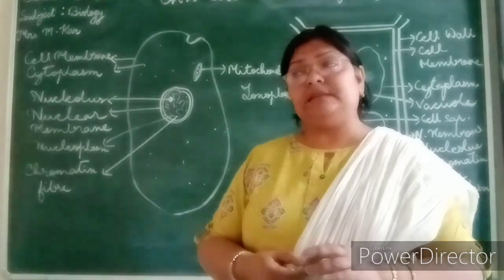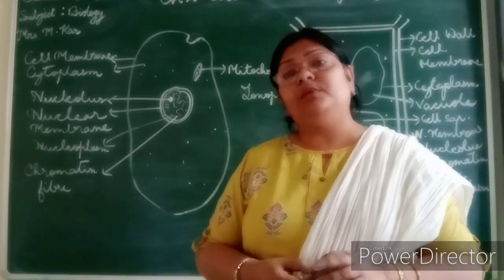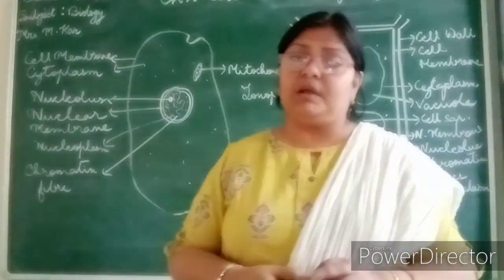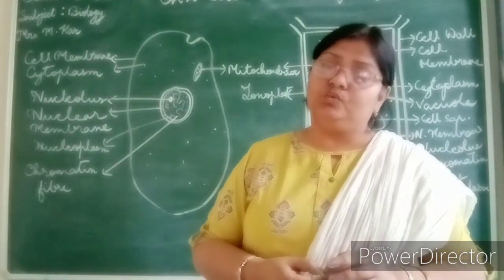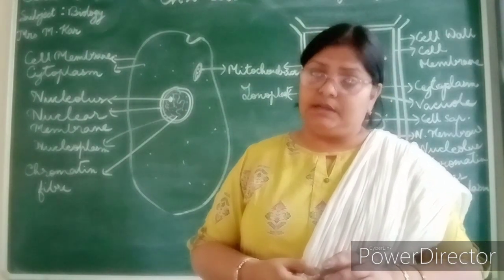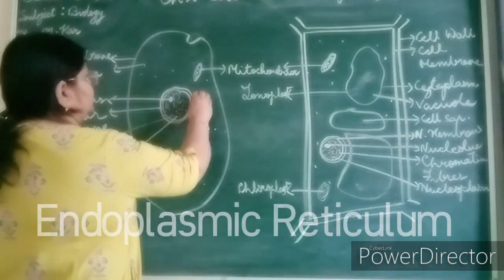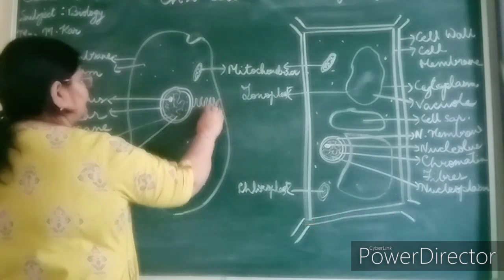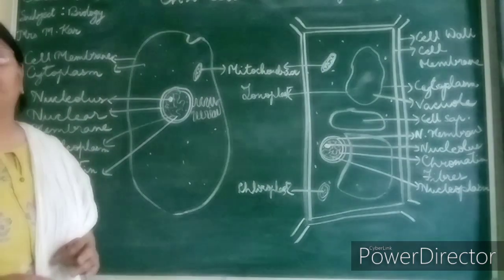If ribosomes are attached to the endoplasmic reticulum, then it is said to be rough endoplasmic reticulum. If not, then it is smooth endoplasmic reticulum. Let's draw it. This is present in both plant cell as well as animal cell.